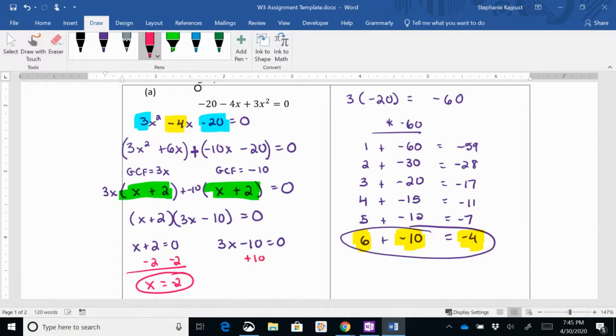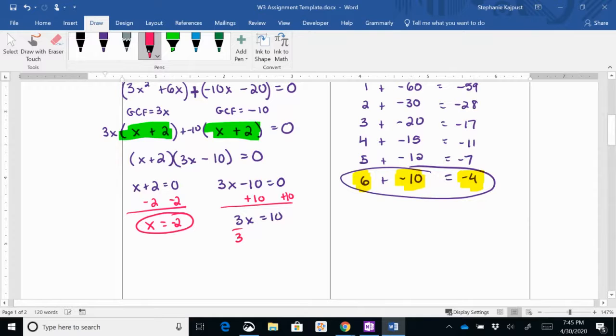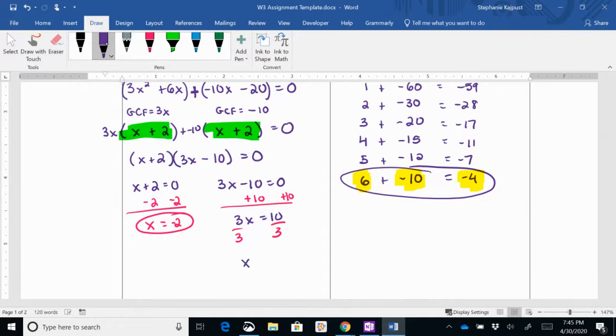For the second one, I'm adding 10 to both sides, so I get 3x equals 10. Then I need to divide both sides by 3, and this gives me x equals 10 over 3 as my second answer.